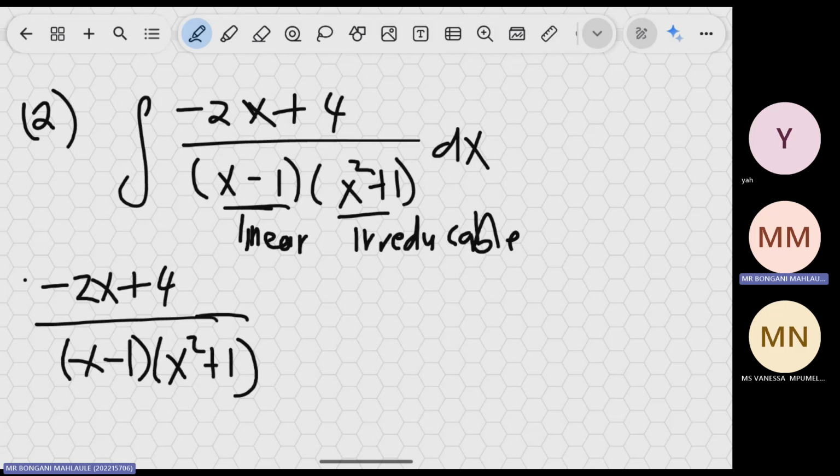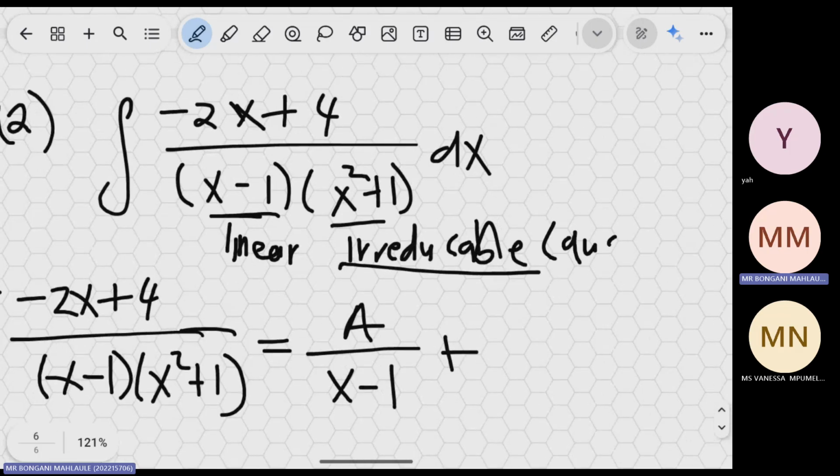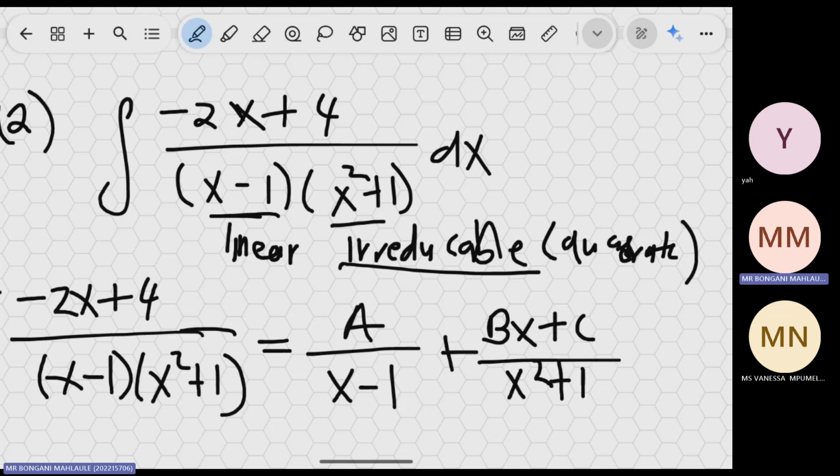So now this will be A over, for the first one, which is a linear factor, we will do that, right? So to separate for an irreducible polynomial, which is a quadratic factor, you'll have Bx plus C over x squared plus 1.